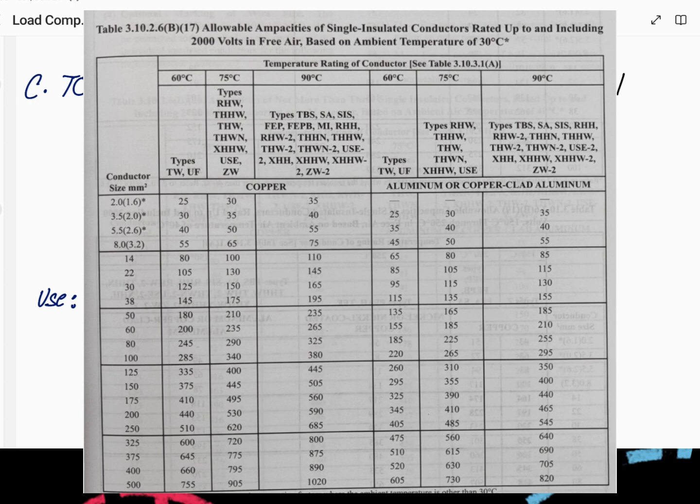3.10.2.6 of the PEC. For the minimum size of conductor, choose a wire that has an ampacity closest and higher than the total current. Since this is the wire also for our service entrance, we can choose THW, which is good for wet and dry season.